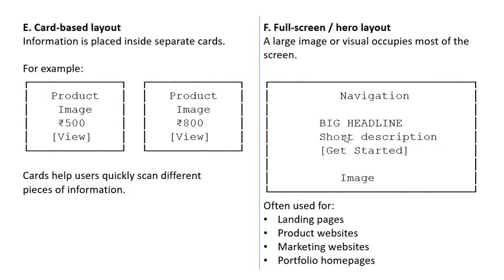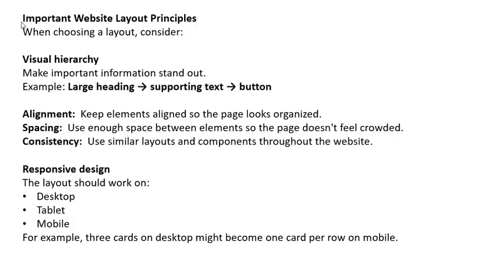The hero section can show discounts, videos, or any offer the company wants to provide. It is often used for landing pages, product and marketing websites, and portfolio home pages.